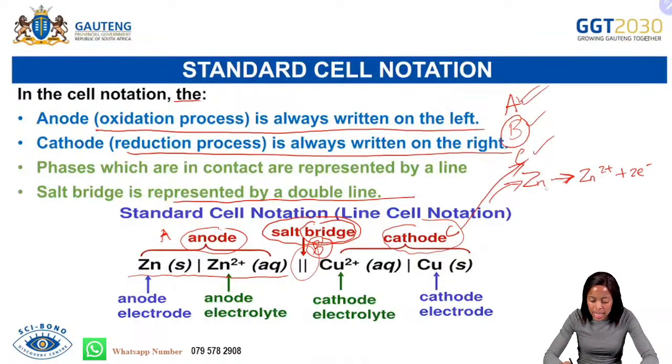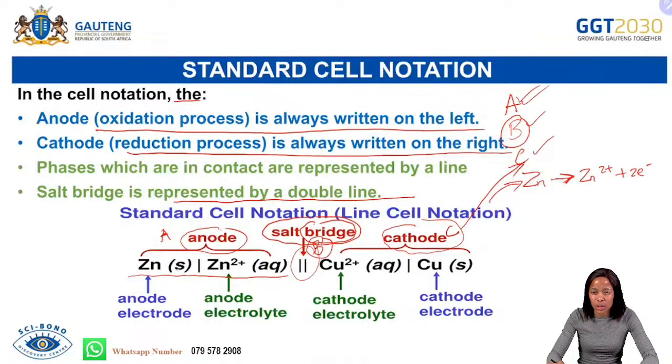So if the Zn is your oxidation half reaction, then this is what we are saying in terms of the cell notation. You are going to write the cell notation from the left-hand side to the right-hand side. Okay, so what is the first thing that you need to do when you write the cell notation? You need to make sure that you have a correct half reaction in terms of oxidation. That is the first thing that you need to do. And where do you get that half reaction?